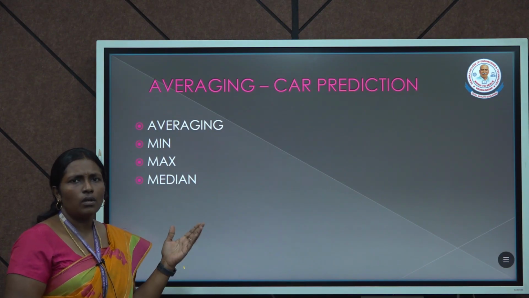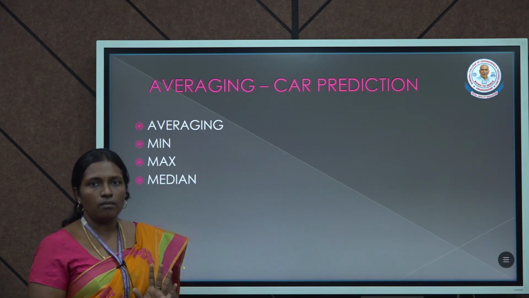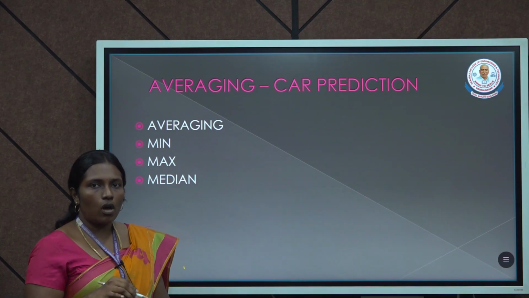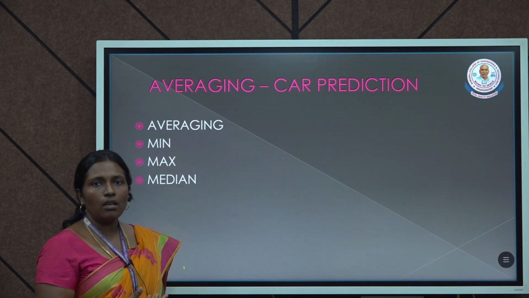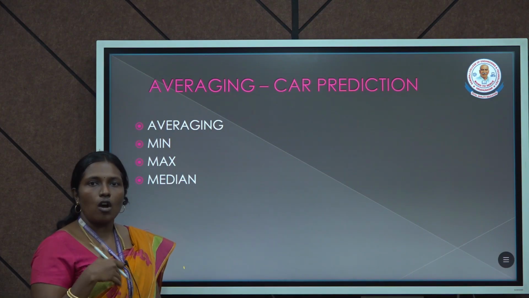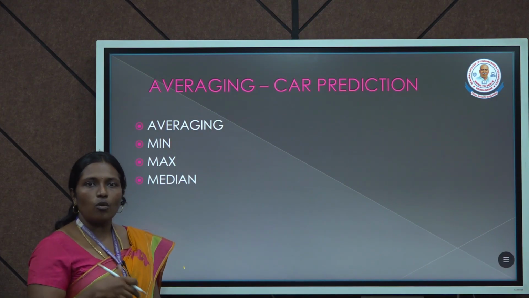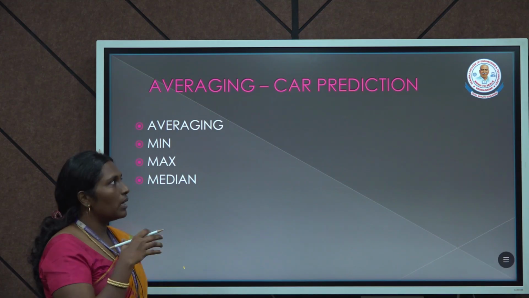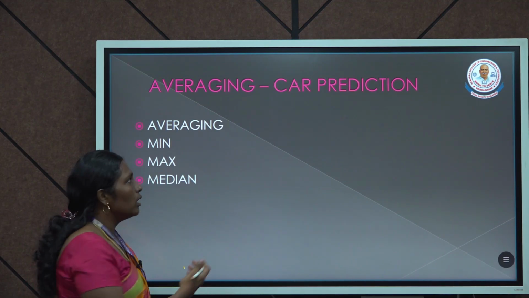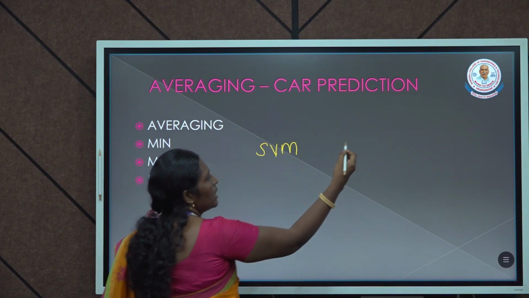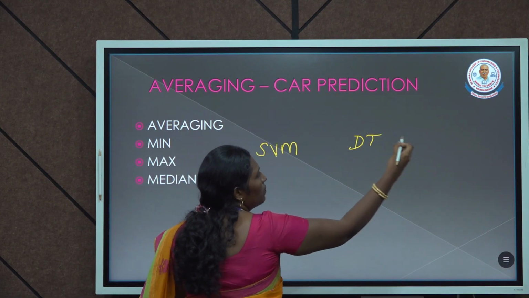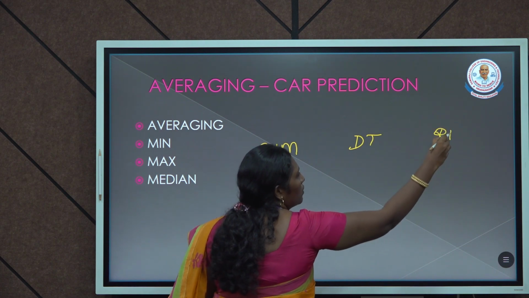So I am going and asking 3 dealers. For a particular car model, for example a second hand Honda City, I am asking what is the price of the car, how many kilometers it has run and how many owners it has. I am getting all those data and giving them into a combined model, that is SVM, decision tree and random forest.